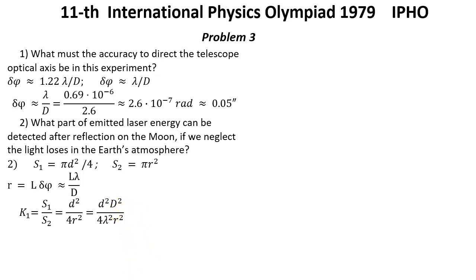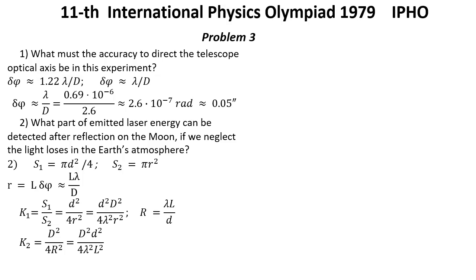The reflected light beam diverges as well and forms a light spot with the radius big R on the Earth's surface. And again we have big R equal lambda multiplied by L over d, as small r much less than big R. That's why the part K2 of the reflected energy which got into the telescope makes K2 equal big D square over 4 big R square, which is this expression.